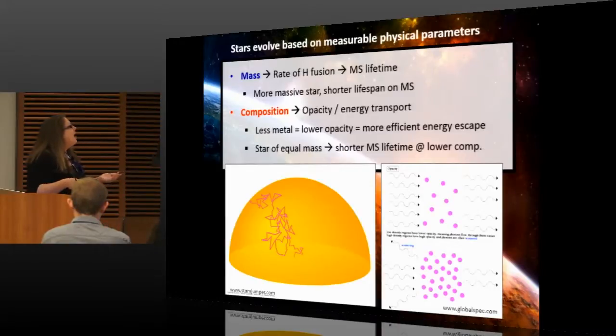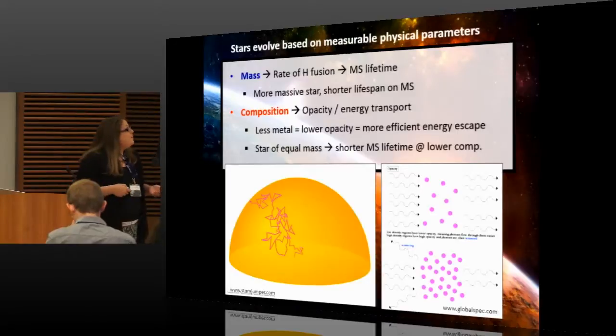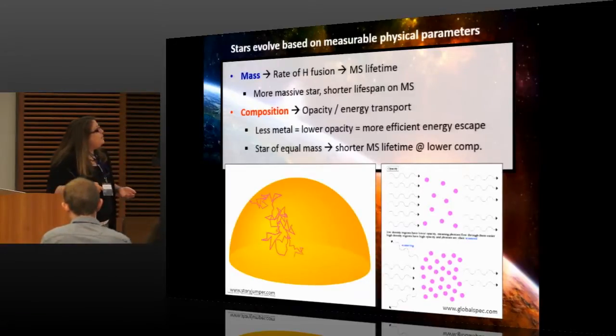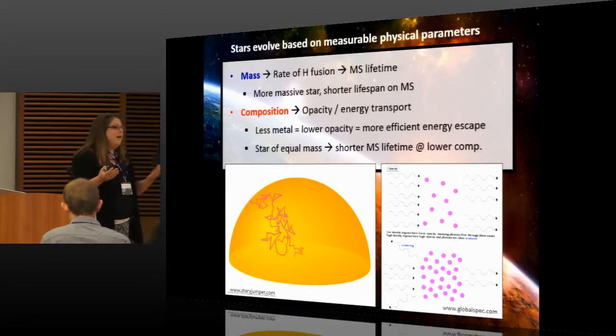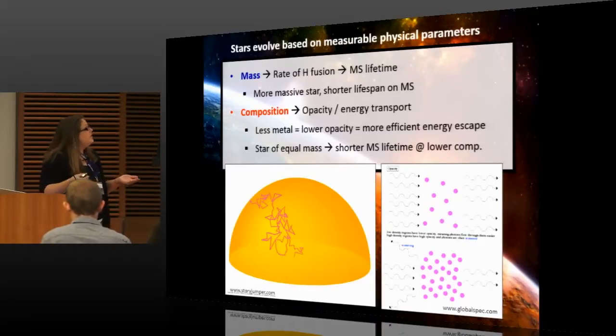So if you have a higher opacity, you're going to have less efficient energy escape. If you have less metal, you're going to have lower opacity and more efficient energy escape. And so two stars of equal mass, if they have different compositions, can actually change the lifetime of the main sequence significantly.